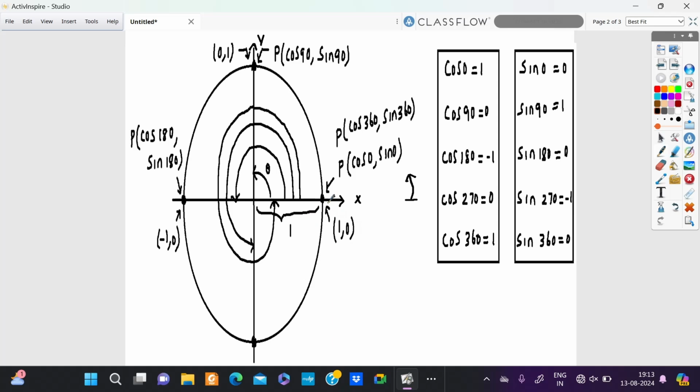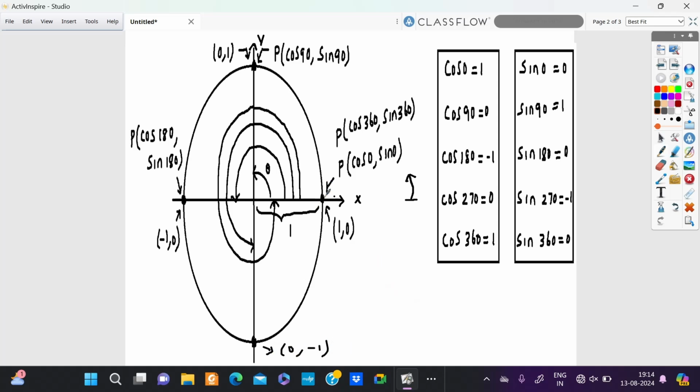Since we know this point here, at which the curve crosses the positive x-axis, is 1 comma 0, exactly on the x-axis. On the positive y-axis it's 0 comma 1, and negative x-axis it's -1 comma 0, and negative y-axis it is 0 comma -1.